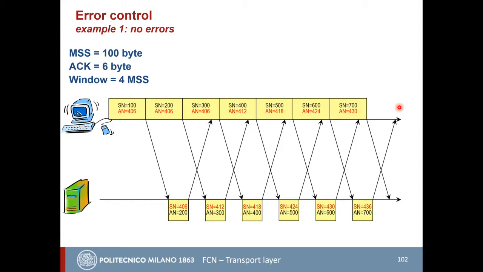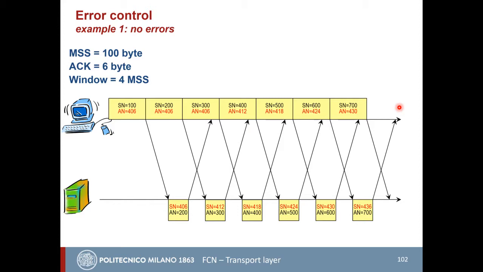So this is an example. In this case, there are no errors. And here the maximum segment size is set to 100 bytes, and the window is initially set to 4 maximum segment sizes.